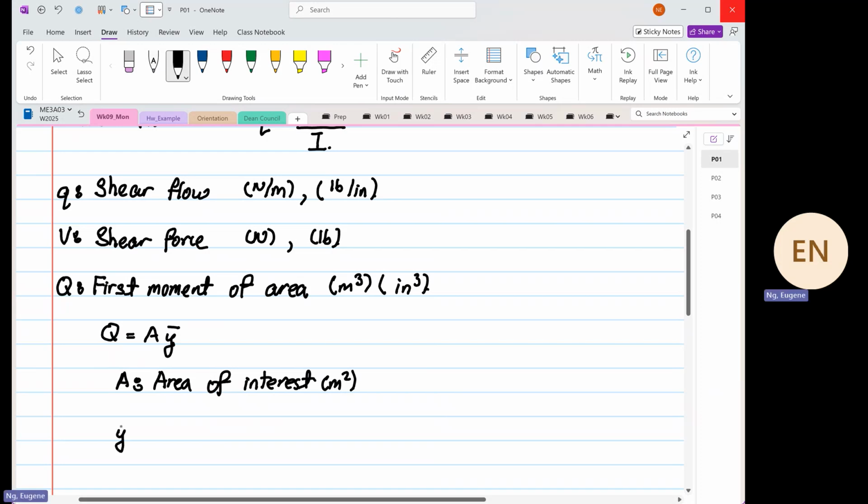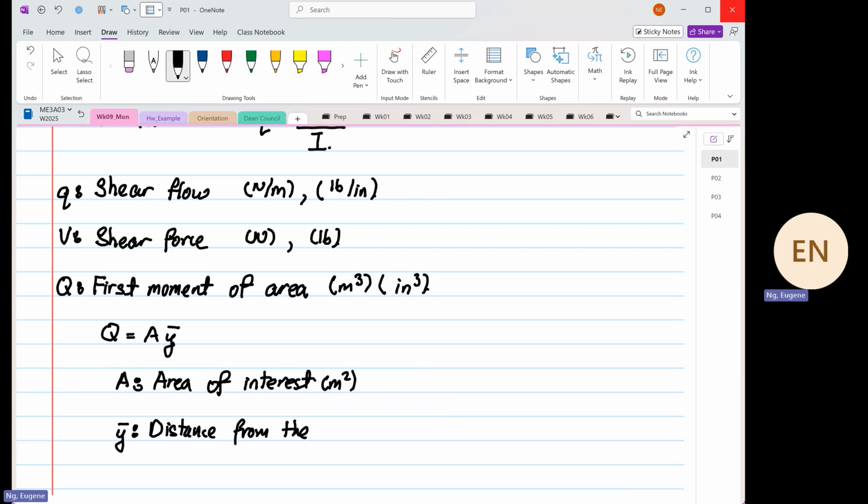and y bar is defined as the distance between the global and section centroid.